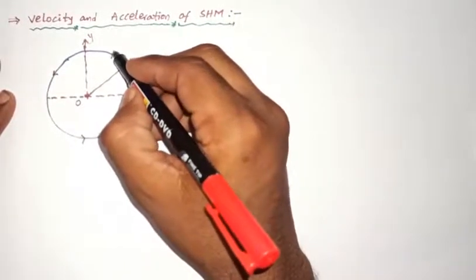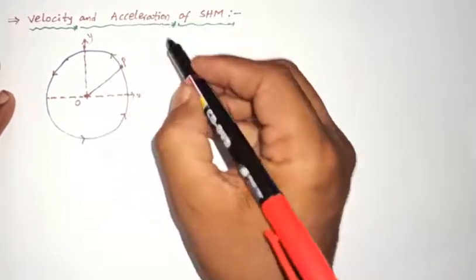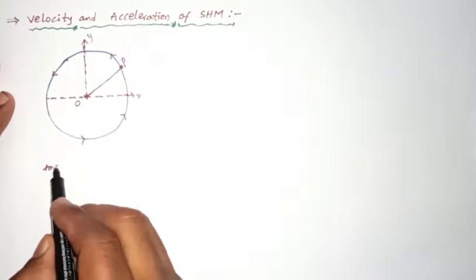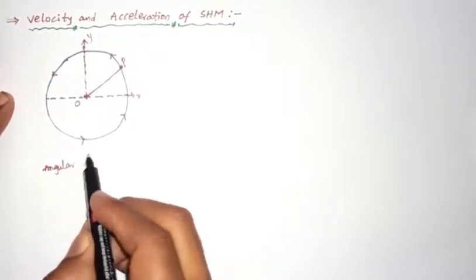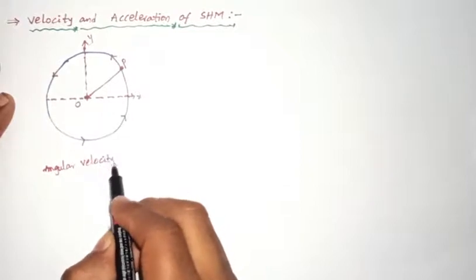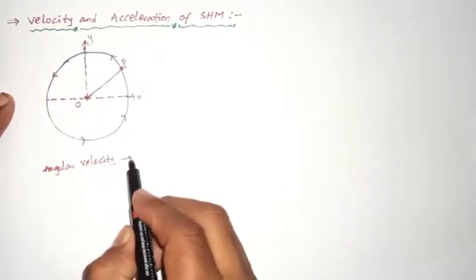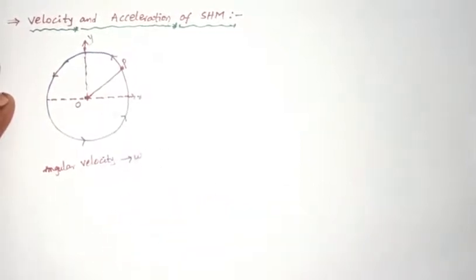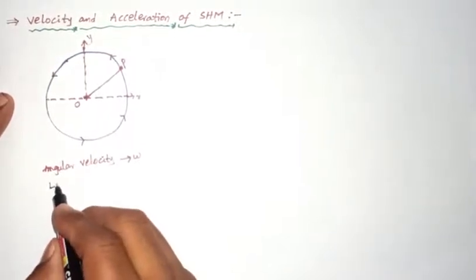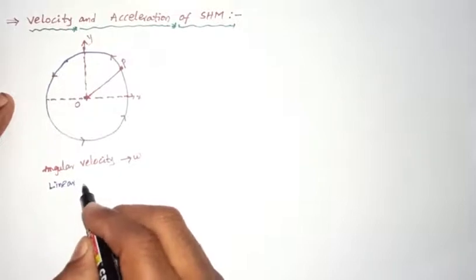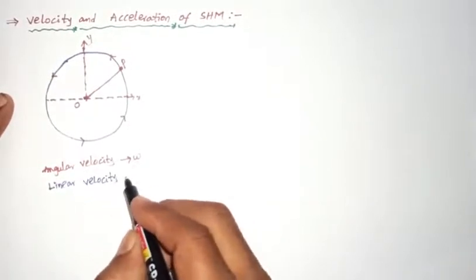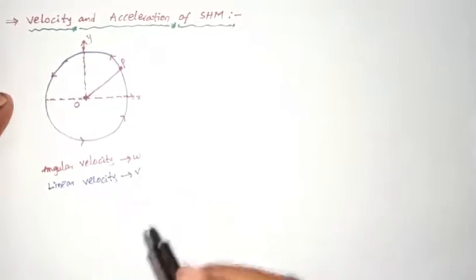The angular velocity or angular speed of the particle we have taken as omega, and the linear velocity of the particle we have taken as v.